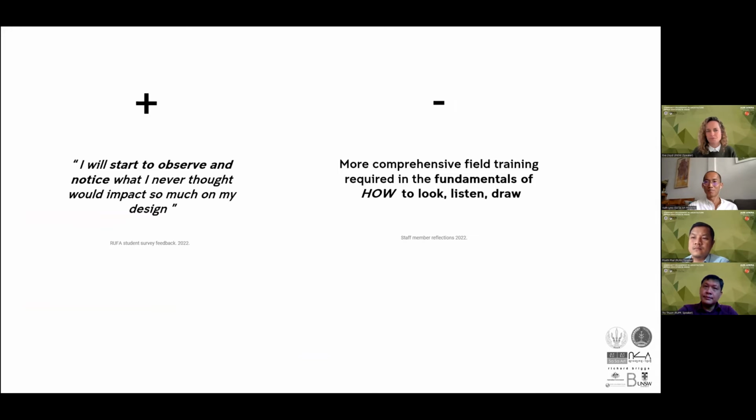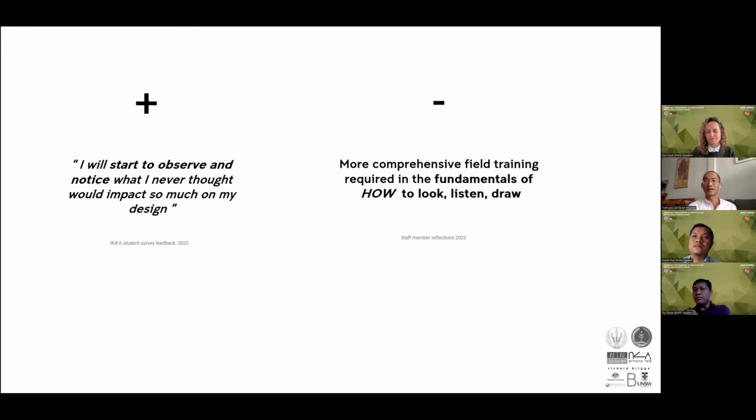And so, yeah, we received some positive responses from the students, including that this exercise really triggered the students to start paying attention and see how much this sort of observation can inform their design practice.